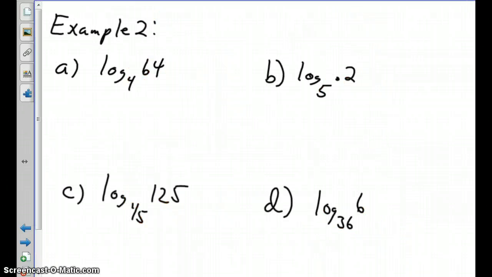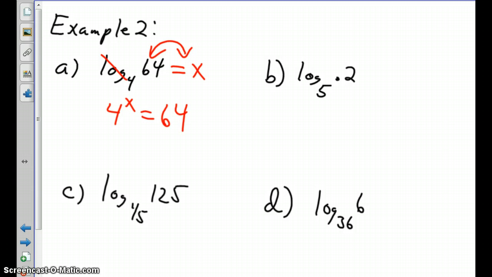Okay, so here's example 2A. You're evaluating this. Step number 1: set this equal to x. Step number 2: drop the log, make the switch. What are you going to write down? 4 to the x power equals 64.